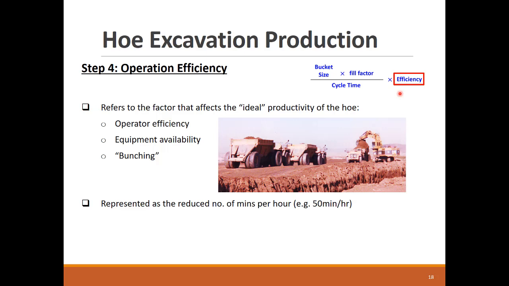You need to assign an efficiency factor to reflect the factors that prohibit achieving this ideal production rate. The efficiency factor can account for the need for the operator to take bio or rest breaks, possibility of equipment breakdown or maintenance, and the bunching phenomenon that happens due to the irregular speeds and travel times of the hauling trucks.